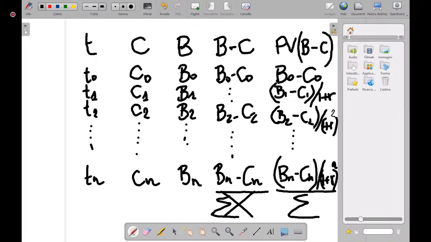So, if you have a cash flow, with cost and benefit for different years, then once you have the net benefit for each year, you cannot do the sum. If you have calculated the present value for the net benefit of each year, you can do the sum. And the sum will give you the net present value.